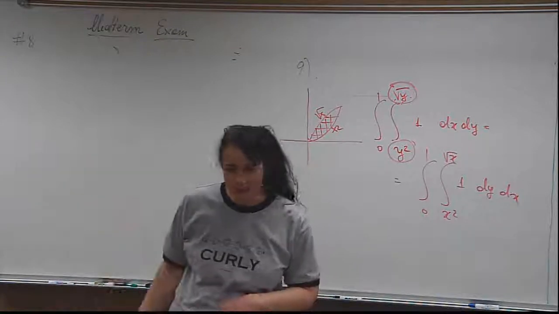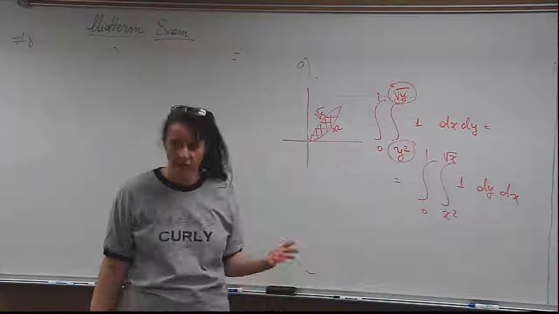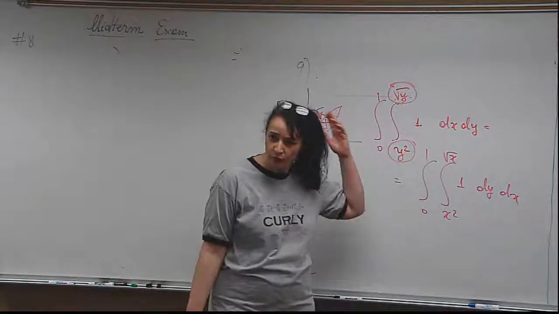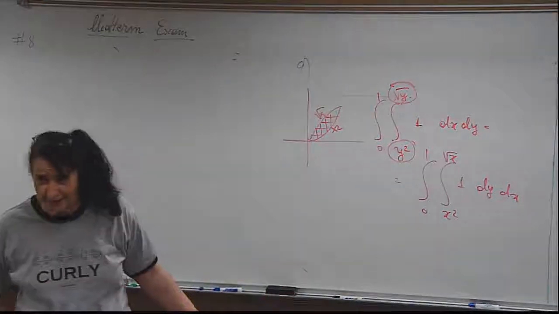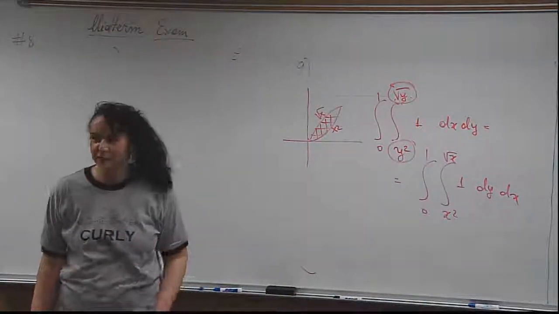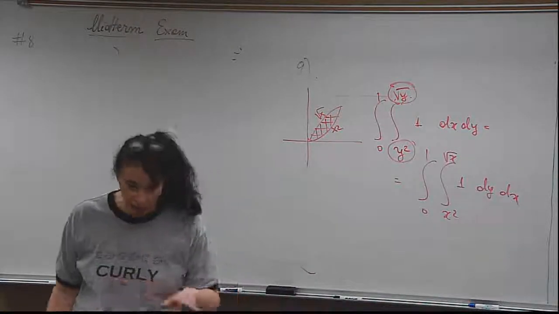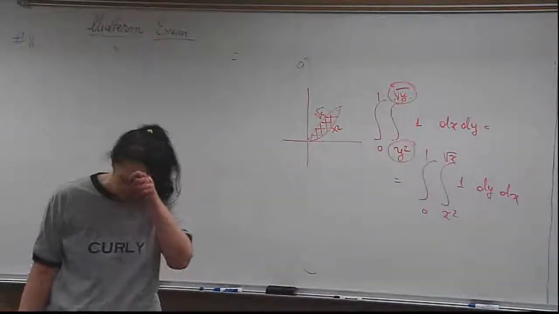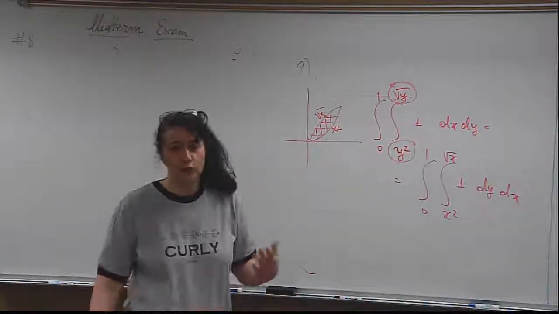And I asked them, who is your teacher? They said they did not understand reversing the order of integration in class. I said, how come? Well, they didn't explain it very well. So I started explaining it to them, and then I realized that it's a conflict of interest. I'm not allowed to do that. I cannot do the homework for you. I'm not allowed. But I was already talking.